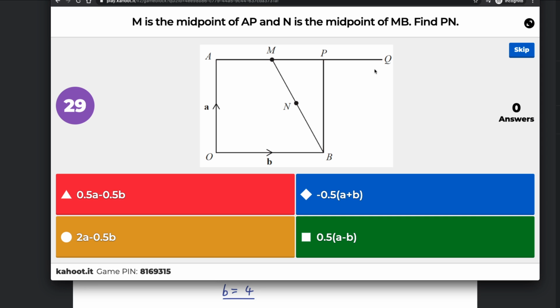M is the midpoint of AP and N is the midpoint of MB. Find PN. Okay, so the same diagram as before. PMN.